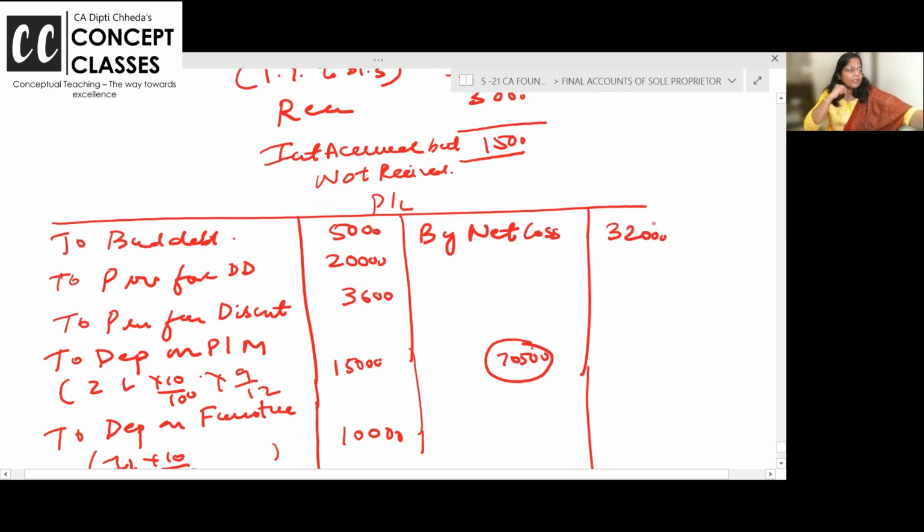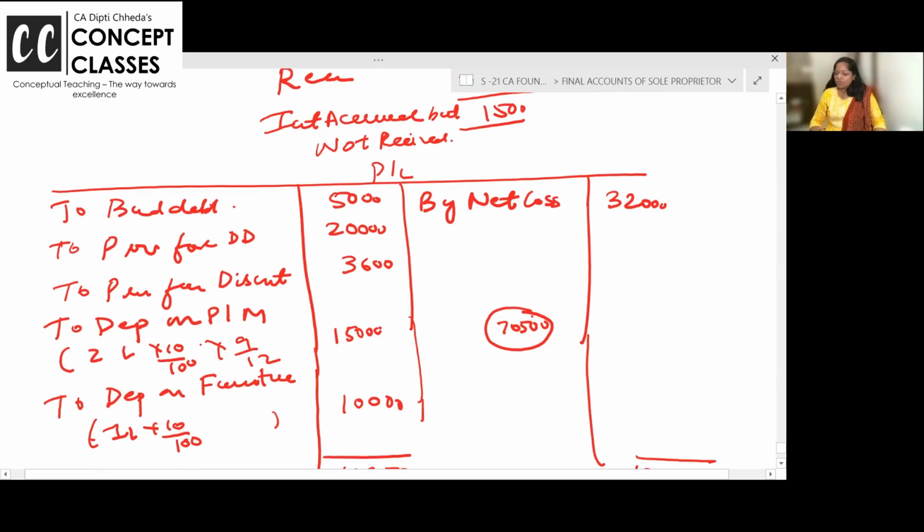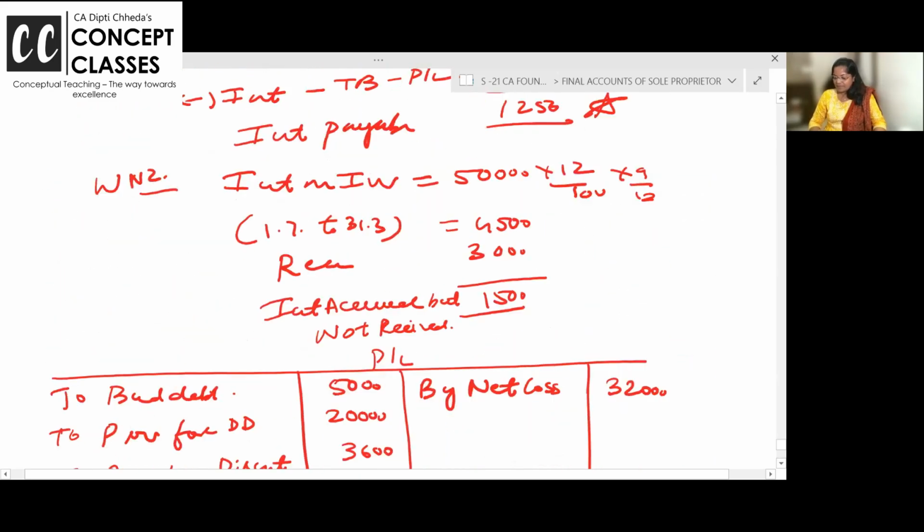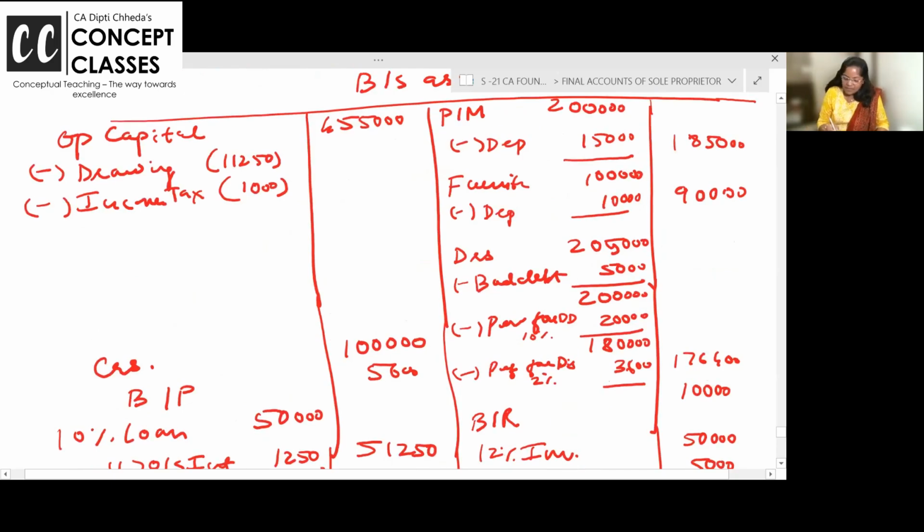Yes, minus it from the capital. Net loss 32,000. Now check how much is your closing capital.